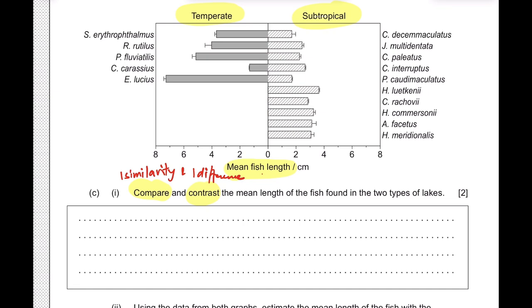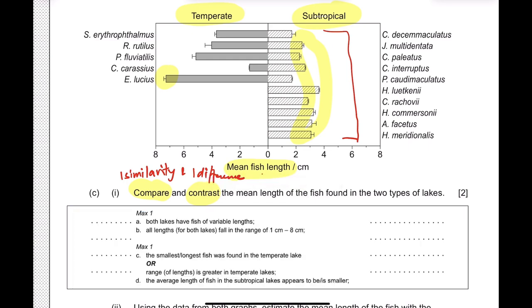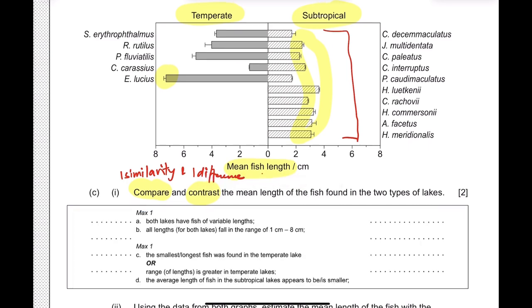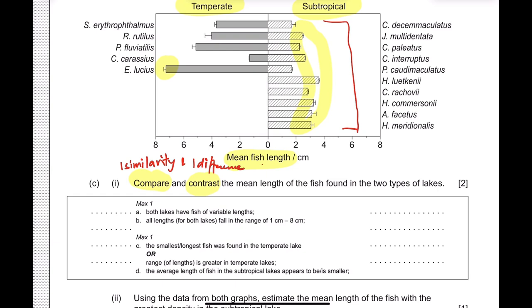You can see subtropic level, mostly the fish length is low, except you see this is very high. The range of the species in subtropic is more, that can be in differences. And then you can talk about one similarity out of this. So both lakes have fish with different lengths, all lengths fall in, it is also 0 to 8, this is also 0 to 8.